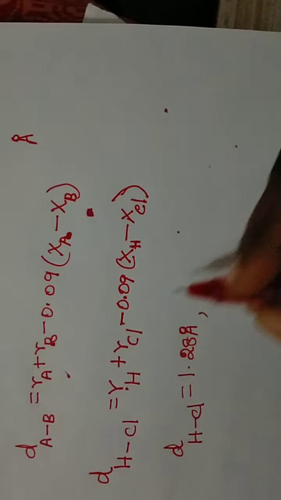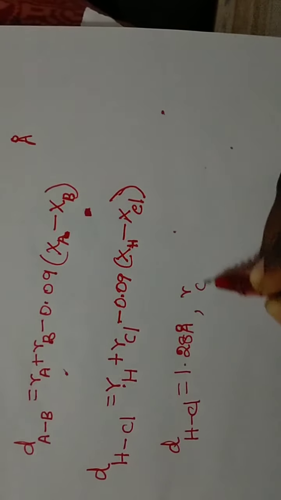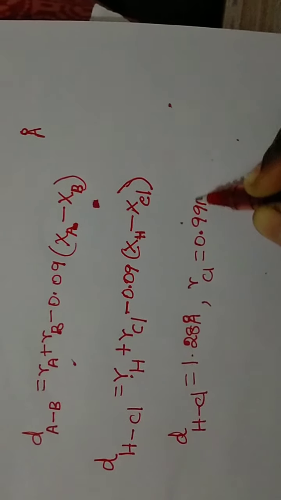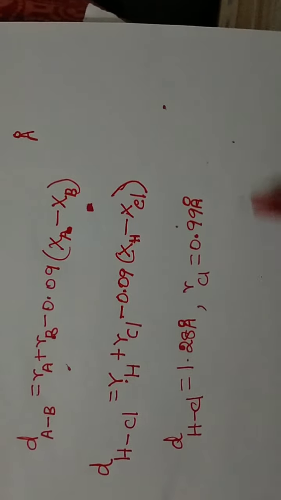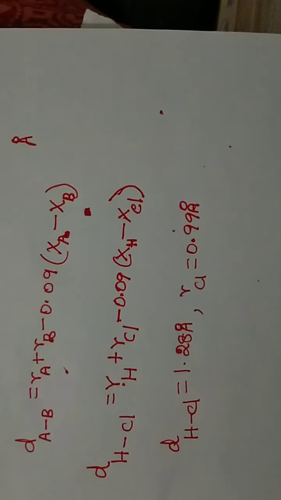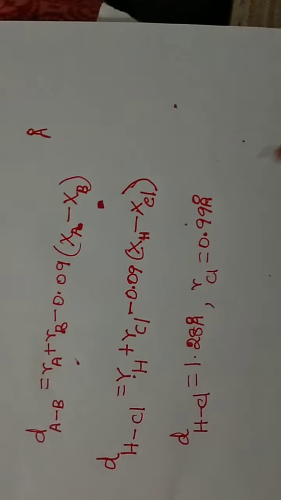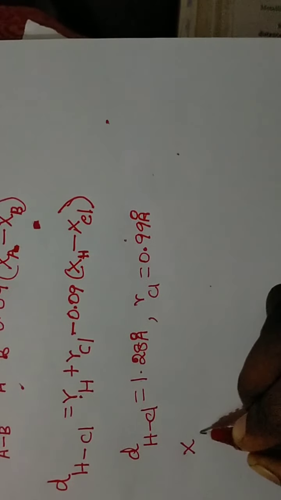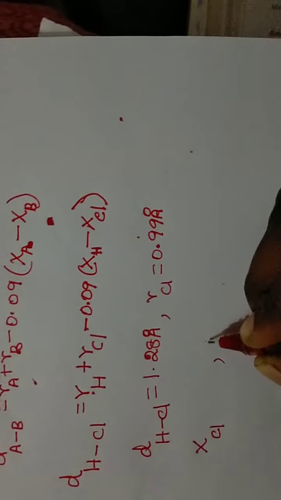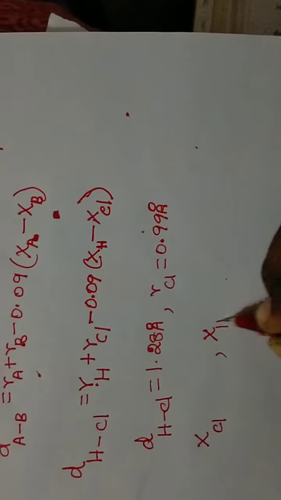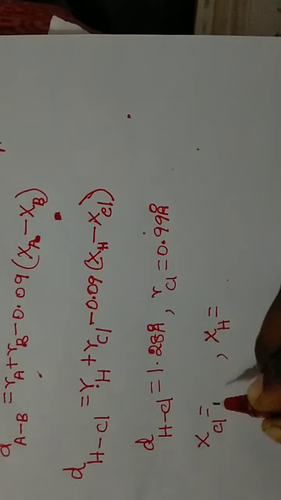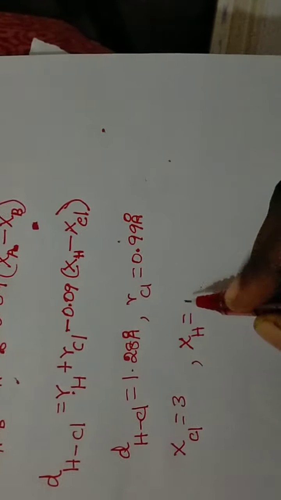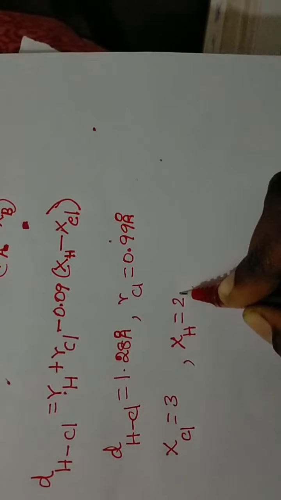So covalent radius of chlorine means R_Cl is equal to 0.99 angstrom. Then electronegativity for chlorine and electronegativity for hydrogen. This is 3 and this is 2.1.